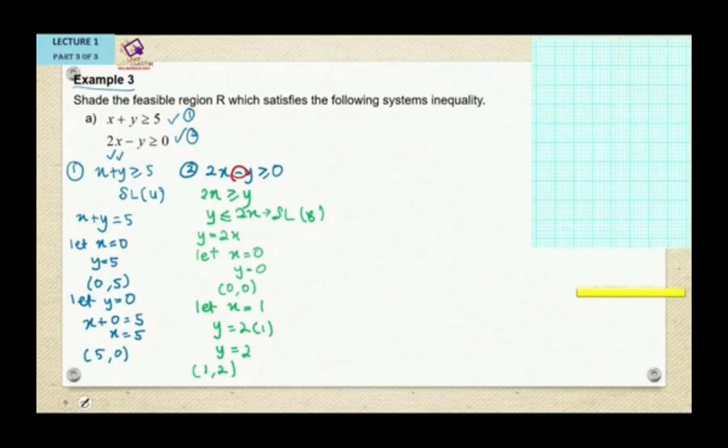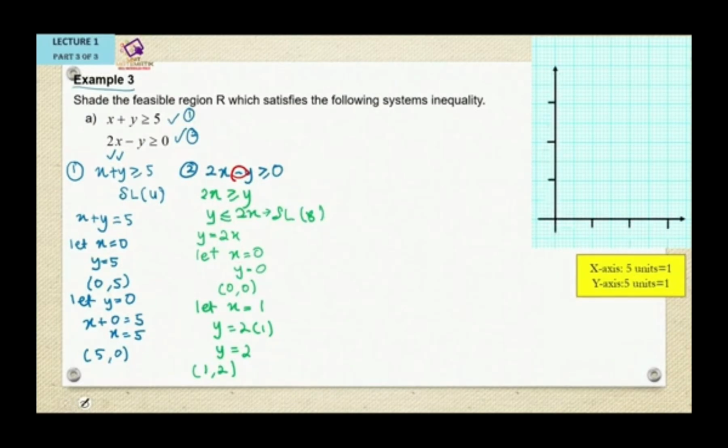The scale that we will be using is for the x-axis, 5 units equals 1, and for the y-axis, 5 units equals 1, so that your graph will make sense and be good. So draw your axes. This is the x-axis and this is the y-axis.